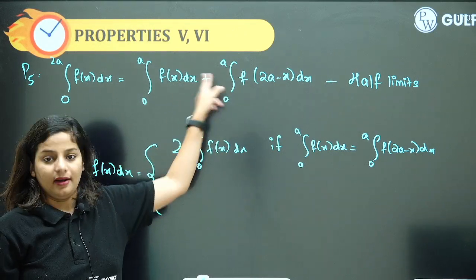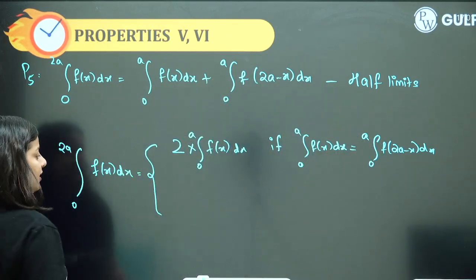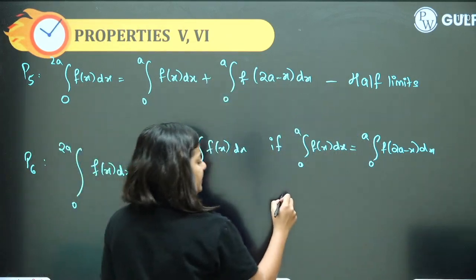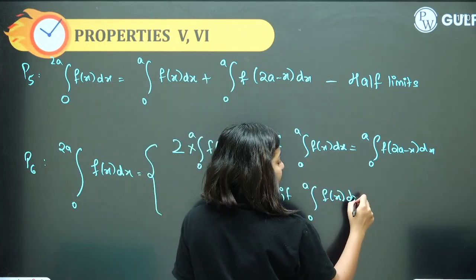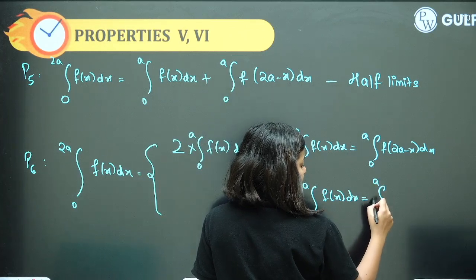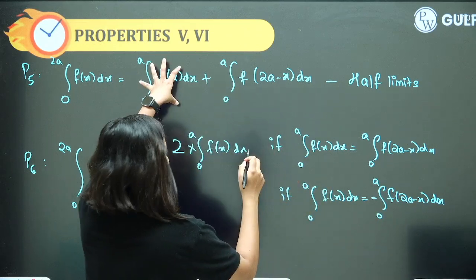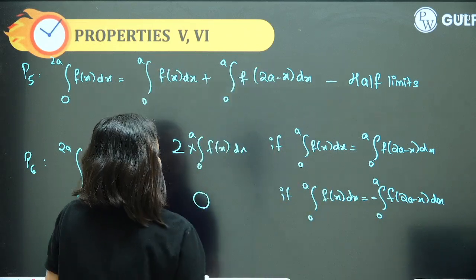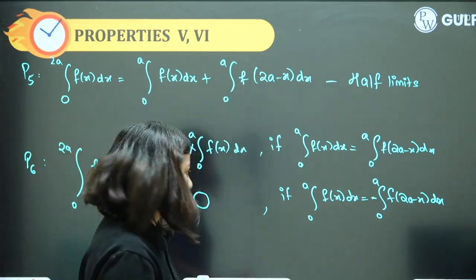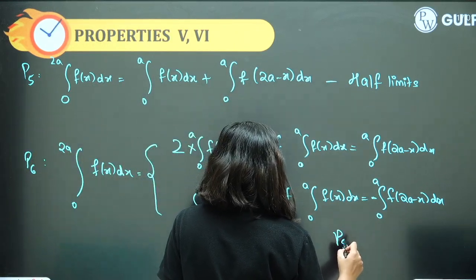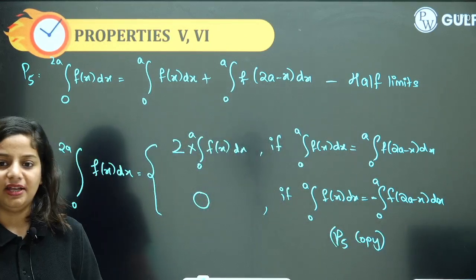If they both are equal, the integral is double. And if they are of opposite signs, then 1 and minus 1 will give me 0. This property, kids, will be used. P6 I can say is nothing but a P5 copy. Copycat.